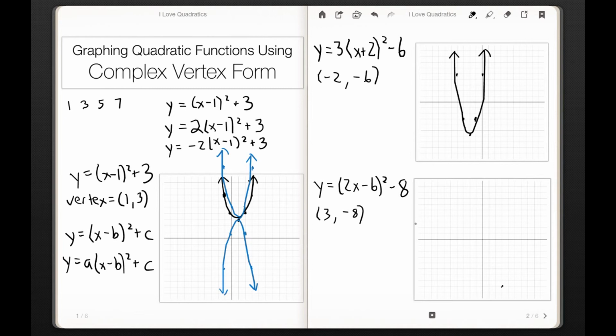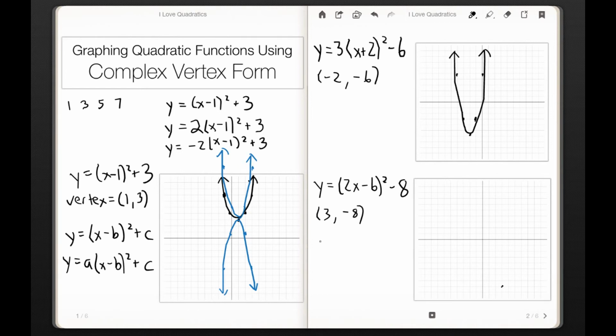Now, the a term here, well, it's not really the a term, but the amount that we're going to multiply these numbers by is going to be 2 squared, because the 2 in front of the x is being squared. It's inside these parentheses, so it's being squared. 2 squared is going to be 4.